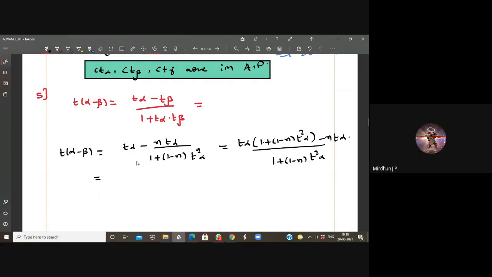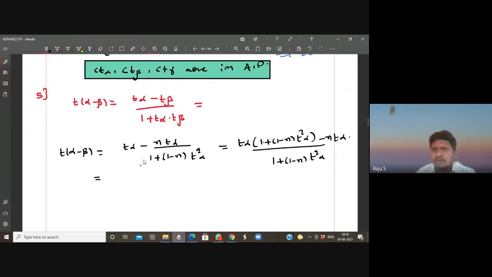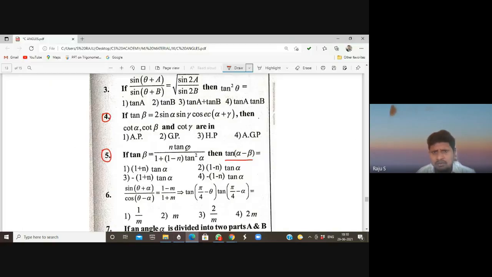So we need to again divide this by 1 plus tan alpha tan beta now, sir. Why do you want to divide that by tan alpha? Didn't get you. Here, they are just asking for this value, tan alpha minus beta. For that we are simplifying. So according to the options, what are the options? 1 plus n into tan alpha, 1 minus.